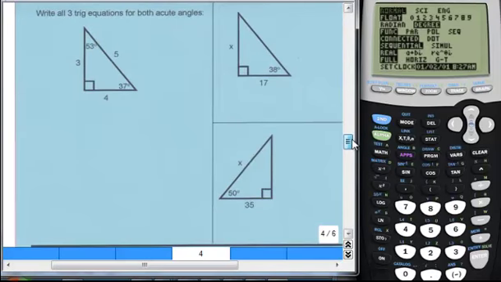So on this first problem, we're writing three trig equations for both acute angles. So if we're focusing on 53, we have to do the sine of 53, the cosine of 53, and the tangent of 53. And our ratios can be remembered by SOHCAHTOA.